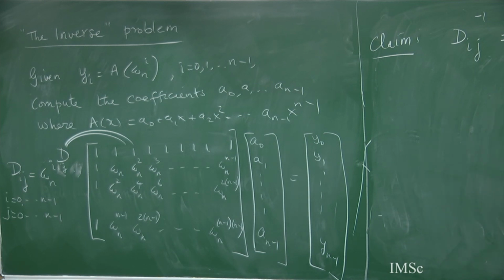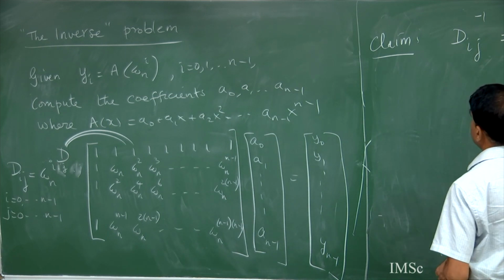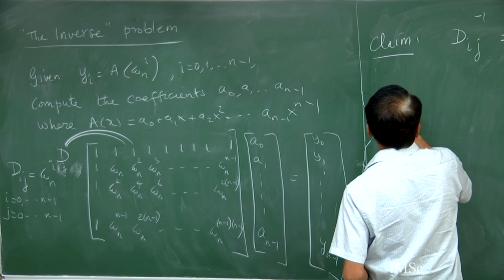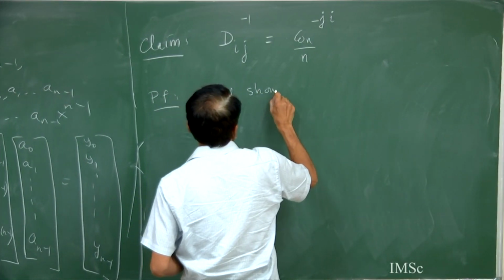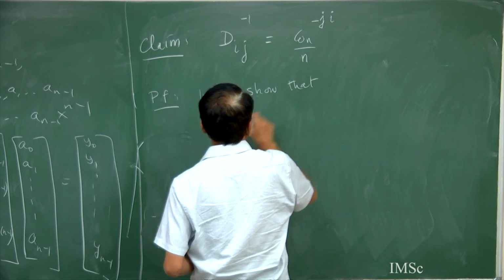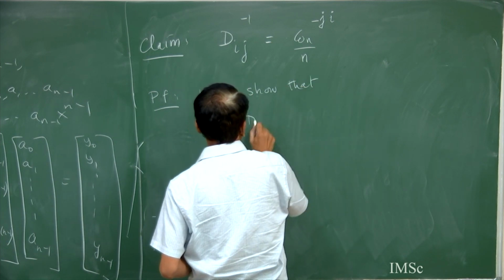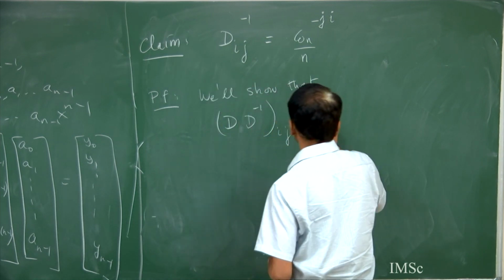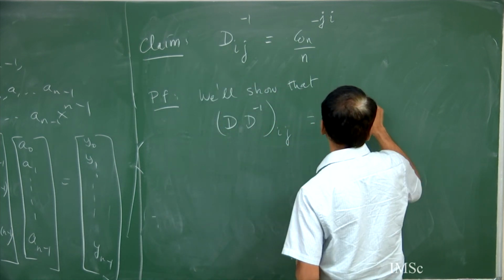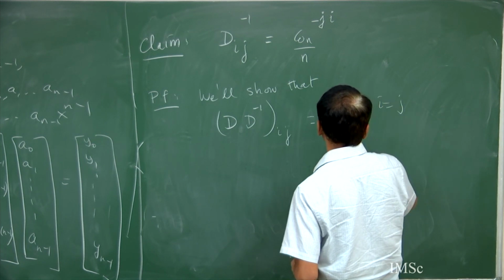Okay, so now I'm going to prove this. How do I show it? We will show that if you take D into D inverse and look at the ijth entry, this is equal to 1 if i equals j and 0 otherwise.